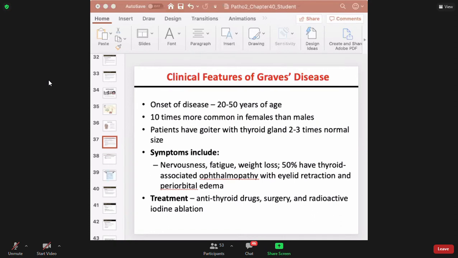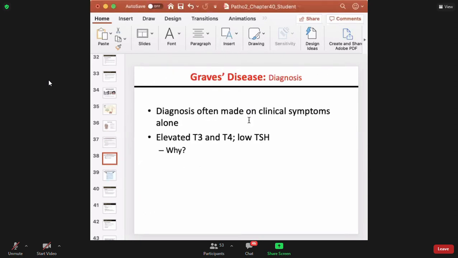So that's a good question, Cheyenne, and it does kick in. If we're looking at the diagnostics for Graves, the T4 is elevated, but the TSH is low. So it does kick in to lower the TSH, but it's just not enough.